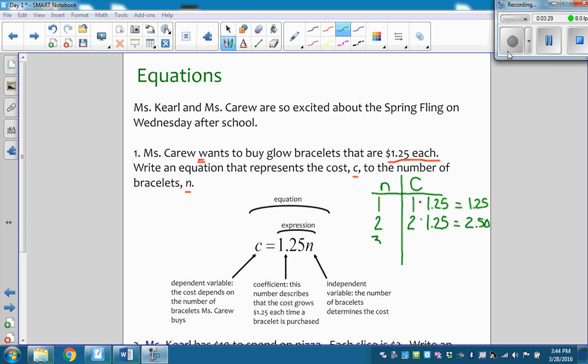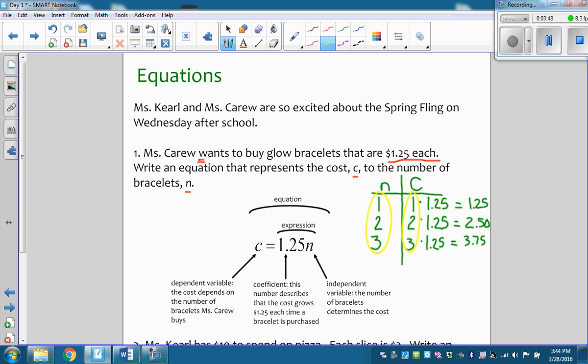If you buy 3 bracelets, then you have to pay 3 times $1.25. And the pattern's going to continue. This would be $3.75. But what I want you to notice about the pattern is the variable changes.